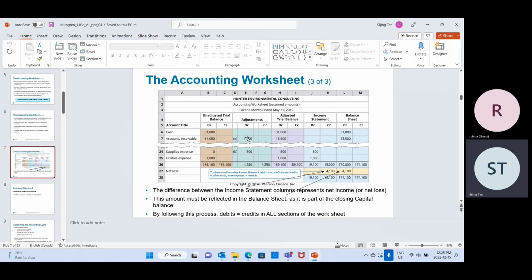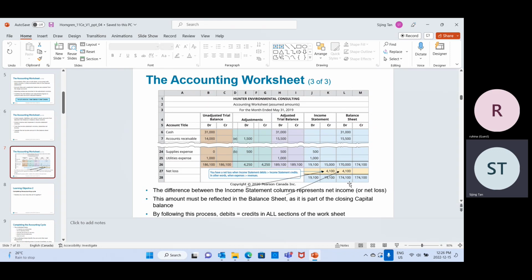So you make changes right there. Now, pay attention: there's no adjusting entry for the cash account, so under adjustments, nothing goes to the cash account. Whenever there is an adjustment, you just simply put a number into the worksheet. When you finish entering all the numbers, you can calculate at the very bottom. See, the total debit always equals total credit.